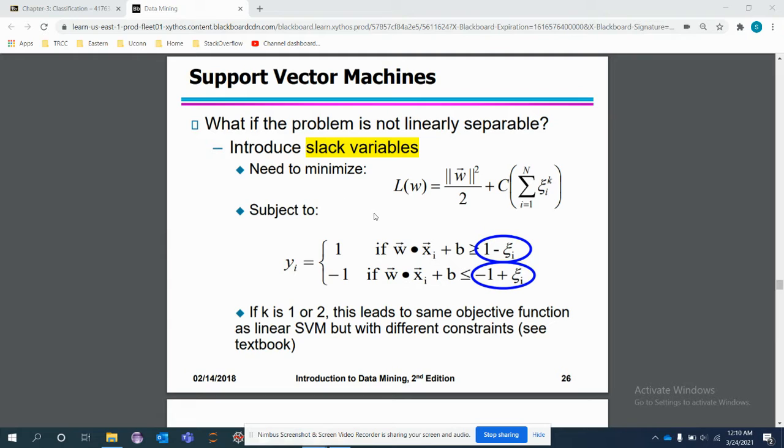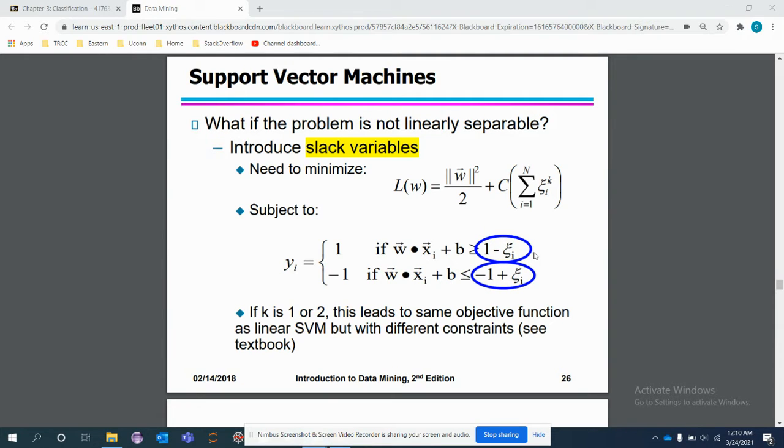in nonlinear support vector machines, the basic function for determining the hyperplane is basically w x plus b, but rather than just comparing with the positive and the negative value of 1, we are considering a slack variable as well.